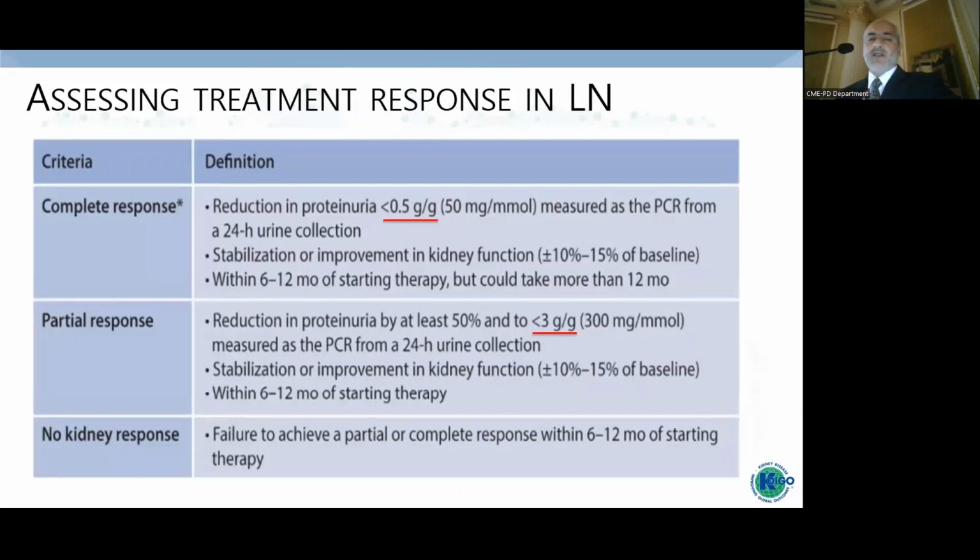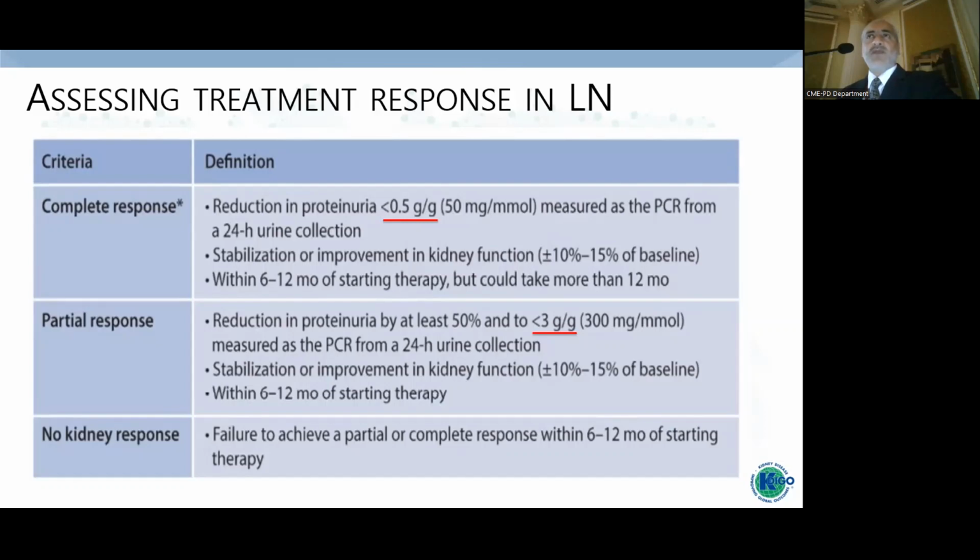So after starting treatment, patients should be assessed on a monthly basis, and how do we define that the patient is having remission of the active lupus nephritis. There are 3 grades of response: complete response if the patient achieves UPCR less than 0.5 gram per day, or stabilizing of kidney function within a range of 10 to 15% plus or minus the baseline before starting treatment.